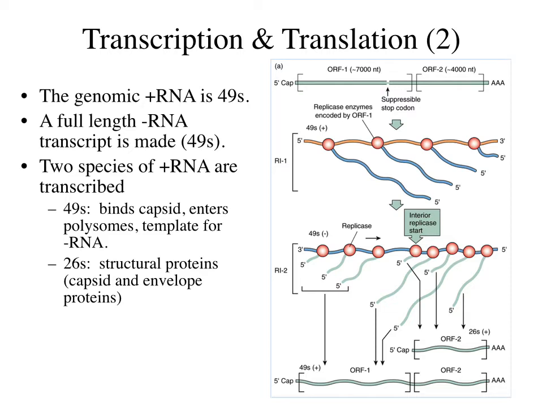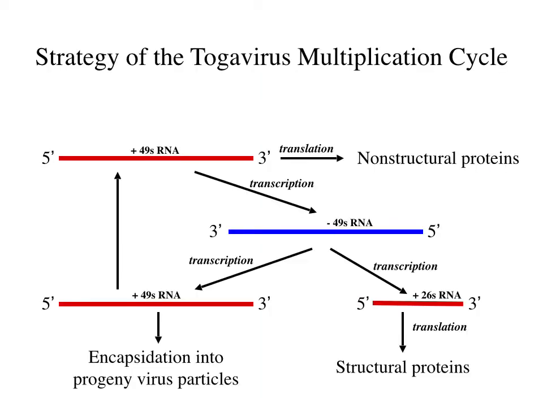So let's look at this again, just to maybe make it a little bit more clear. I made this slide. So the input RNA is the positive sense 49S RNA.